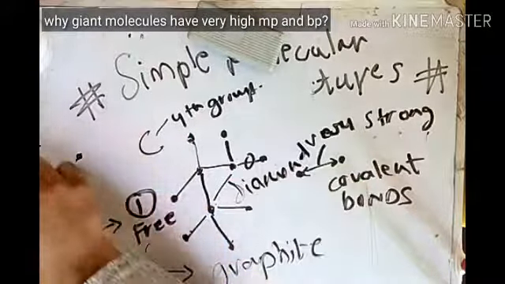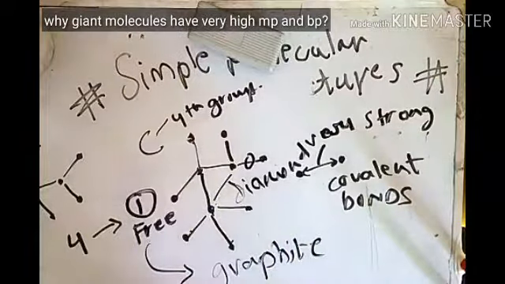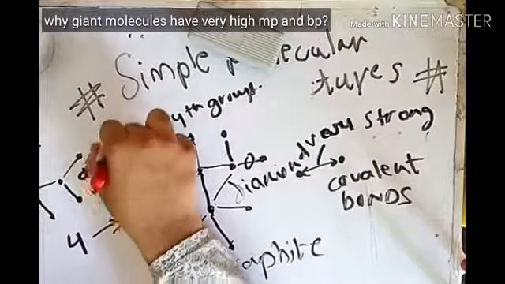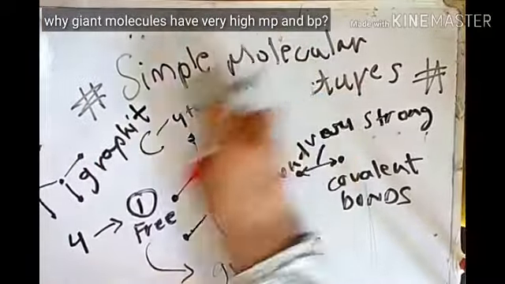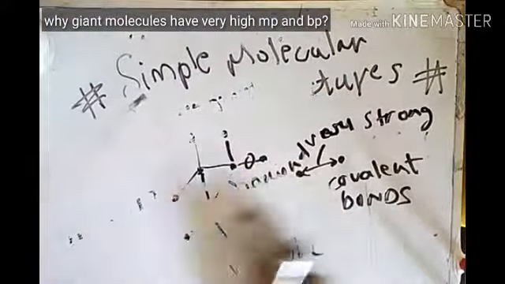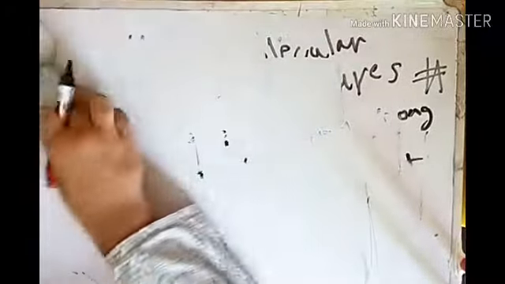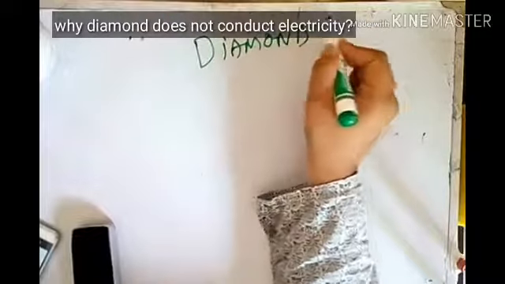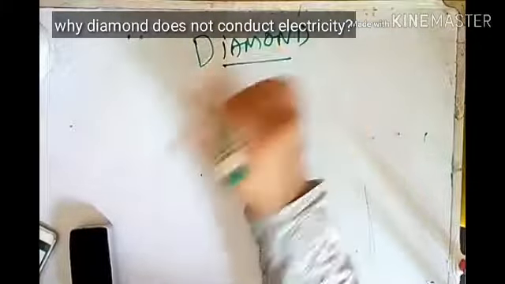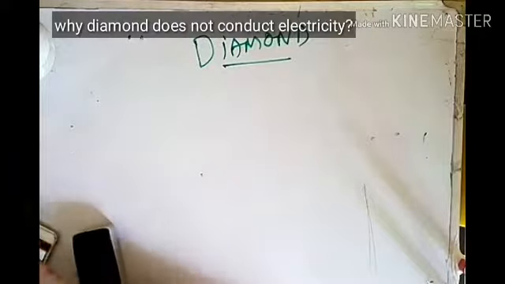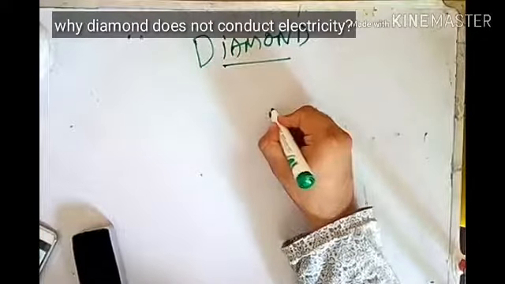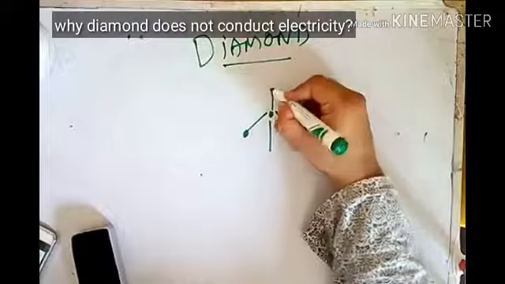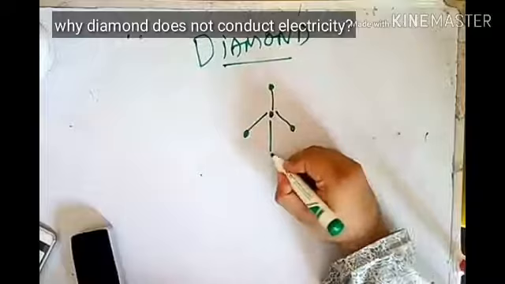Whereas for graphite, let's look at the structure again. The structure of diamond, which is another allotrope of carbon: each carbon atom has strong covalent bonds with 4 other carbon atoms.